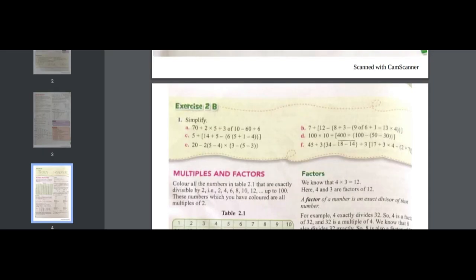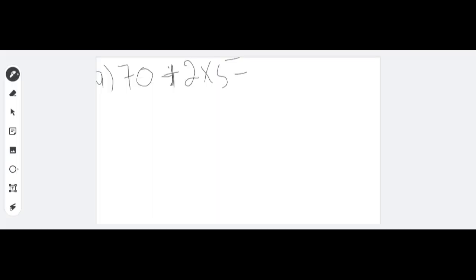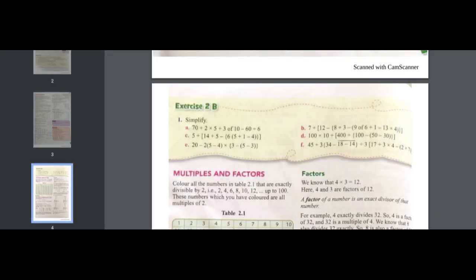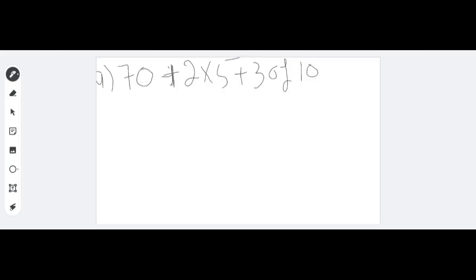Is it plus? Plus 3 of 10, then minus 60 divided by 6. Now you have to look on the screen.